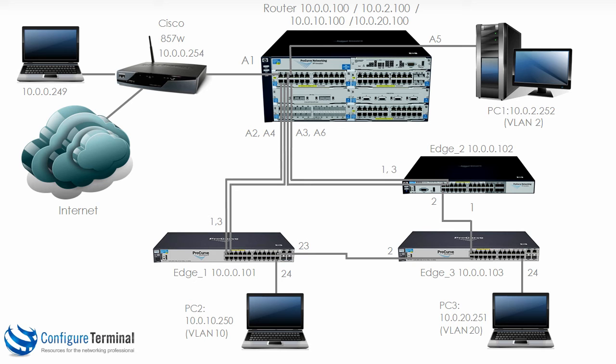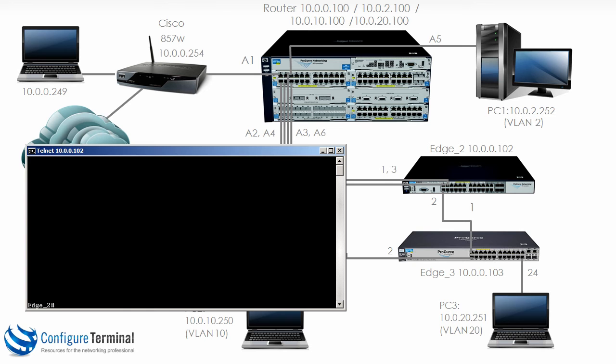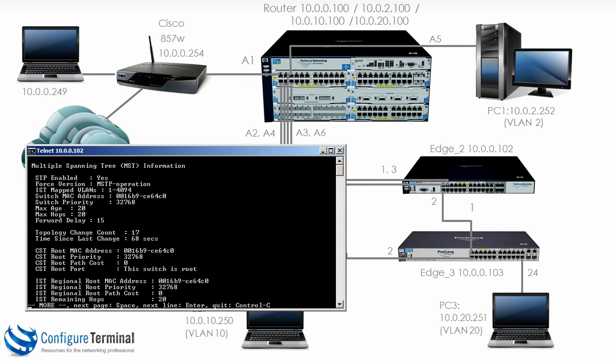So I've plugged that link in. Let's look at the spanning tree topology starting with edge 2. So on edge 2, typing the command show spanning tree. Notice once again this switch is the root of the topology. Just because we've added another link doesn't change the fact that this switch has a lower MAC address than other switches in the topology, and hence edge 2 is still the root.